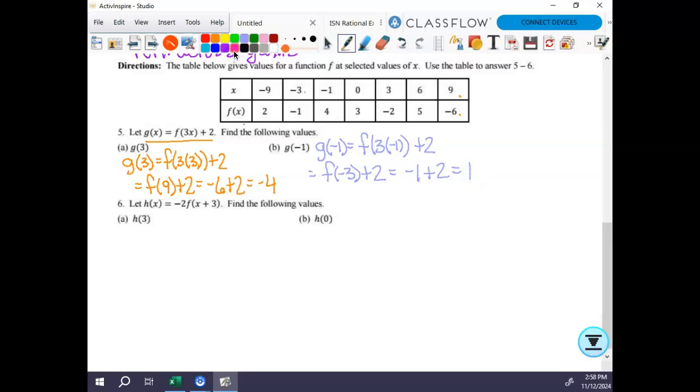All right, so then here is h of x. So h of 3 is going to be equal to negative 2 times f of 3 plus 3. That gives me negative 2 times f of 6. F of 6 is 5. So this becomes negative 2 times 5, which is negative 10.